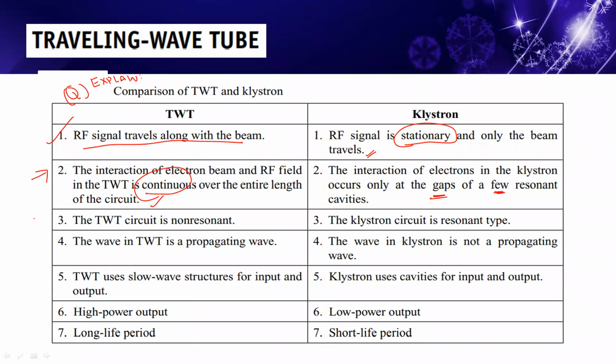Now come to the third point, point number 3. As we know, the traveling wave tube is a non-resonant type and the klystron is a resonant structure. So non-resonant and resonant.